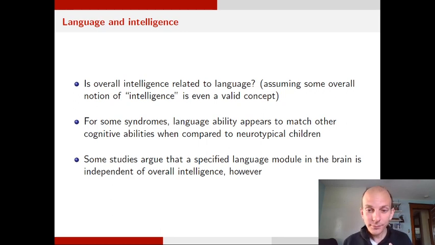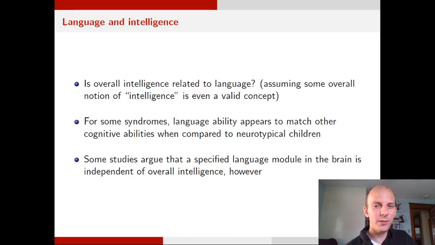The underlying question here that we want to ask is, is language ability its own thing, its own kind of module, its own section of the brain? Or is it tied into just general cognition? That's what we want to ask ourselves. So hopefully that question makes sense. Is linguistic ability tied to overall cognitive ability, or is it independent thereof?